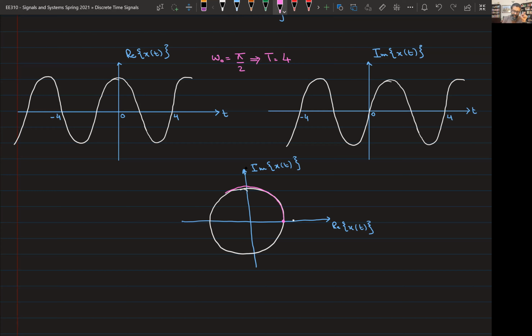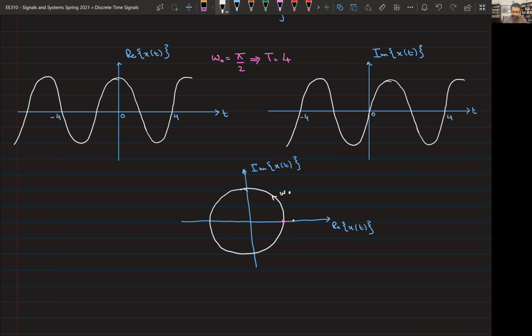How fast is it moving? That depends on what your frequency is, and that frequency is omega naught radians per second. That means within 1 second, the point is going to cover omega naught radians. Every second it traverses an angle of omega naught radians. So that's what a complex exponential really is, and this is omega naught.